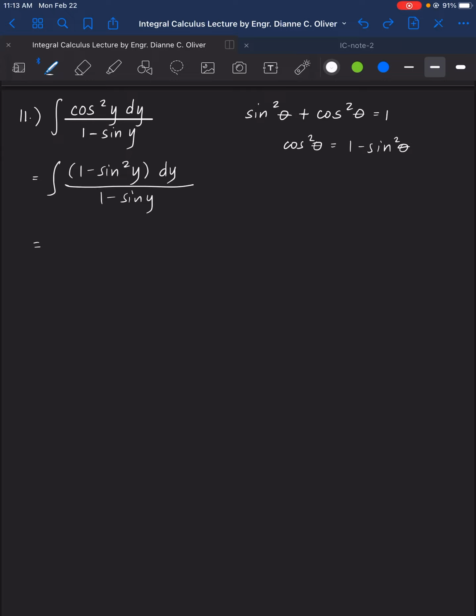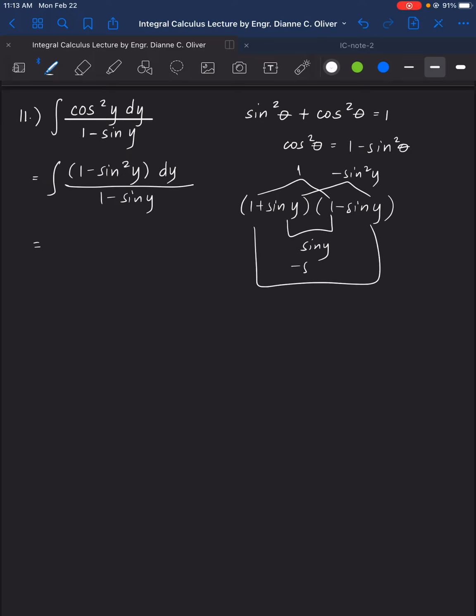So what is 1 plus sine y times 1 minus sine y? So we have there 1, negative sine squared y, sine y, negative sine y. So if we multiply this, the answer here is 1 minus sine squared y.